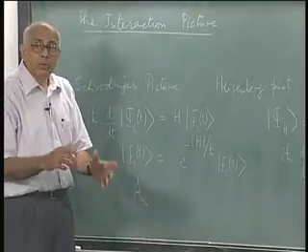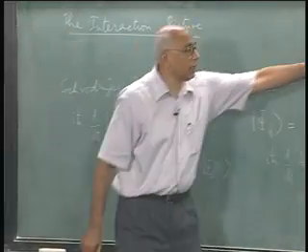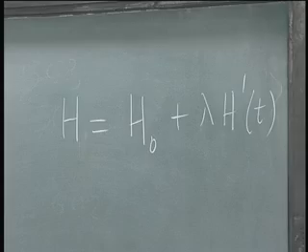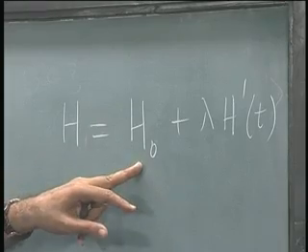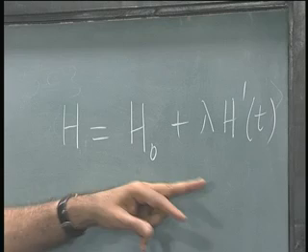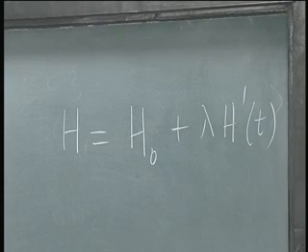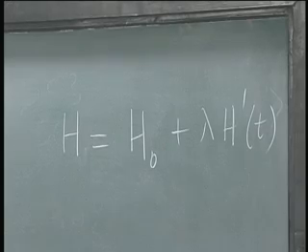Now if the Hamiltonian consists of two parts which do not commute with each other, there is always going to be unitary evolution due to this portion of the Hamiltonian. Even if you switched off this portion, you still have this all the time. So why carry that time dependence around? Let's get rid of that time dependence.